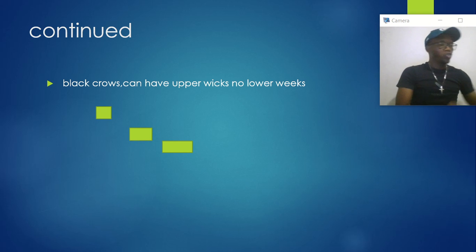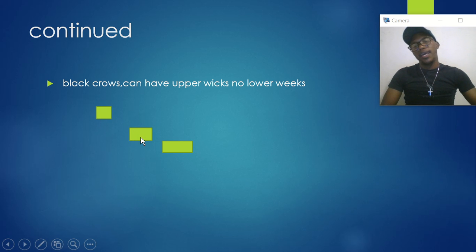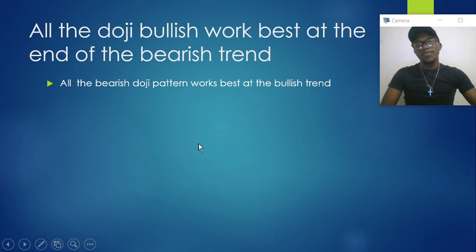W-I-C-K. So if we see three candlesticks in a straight line like you can see, it means the market is bearish.